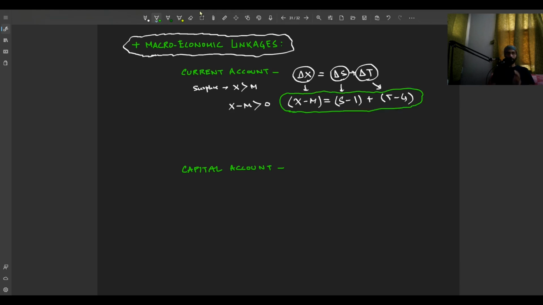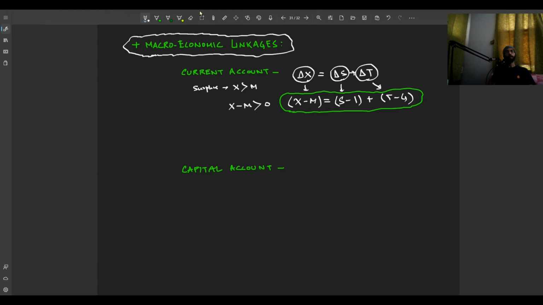So preferably, economically speaking, a country would prefer a surplus current account. That is, it should be able to export more than imports. Now, capital account is just the exact counterbalance of the current account. So ideally, economically speaking, you want a deficit capital account.